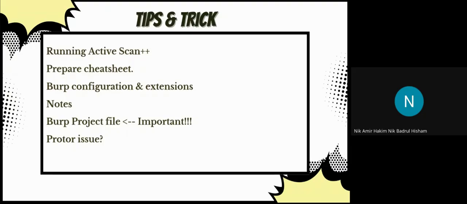Also, prepare not only the technical knowledge, but always have your cheat sheet ready with common payloads, bypass techniques, and other useful tricks for the vulnerabilities we already discussed in stage 1, stage 2, or stage 3.